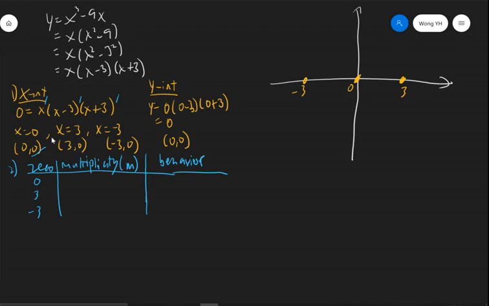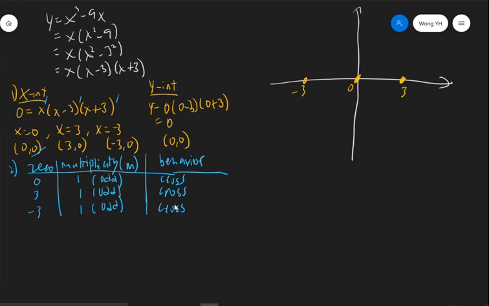So the multiplicity is all 1. And 1, as you all know, is an odd number. It means that the behavior at these three zeros will be crossing. So the graph is basically crossing over at the three x values here. Right, so I label that cross.